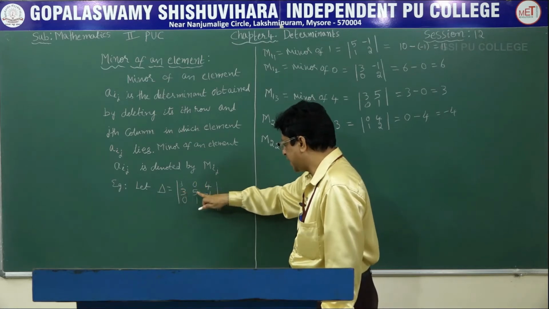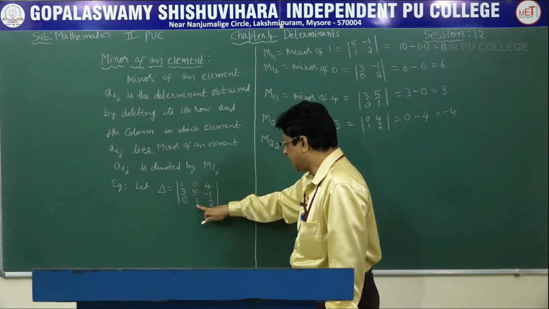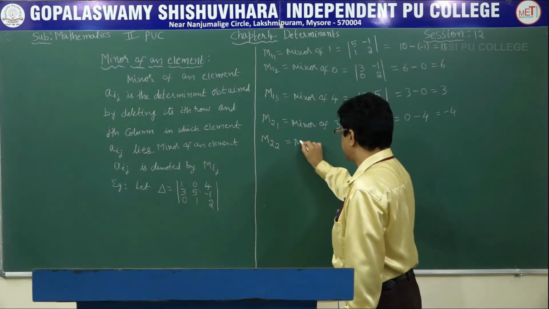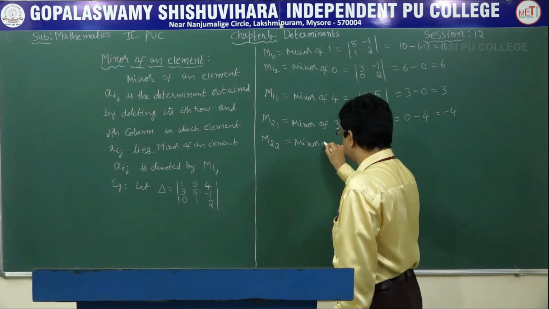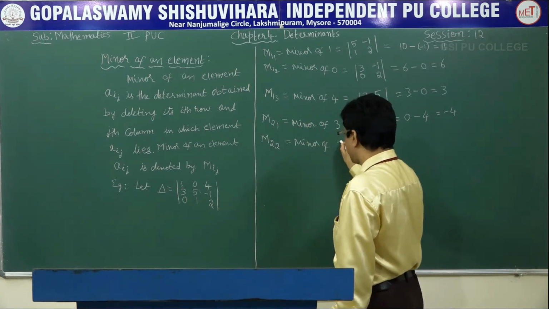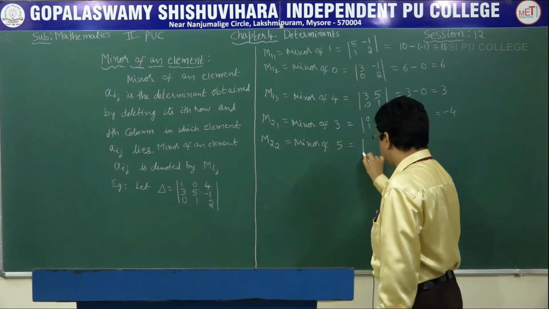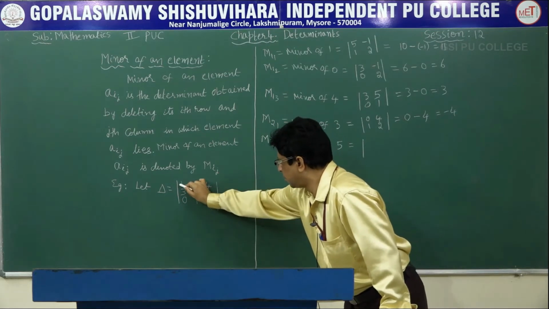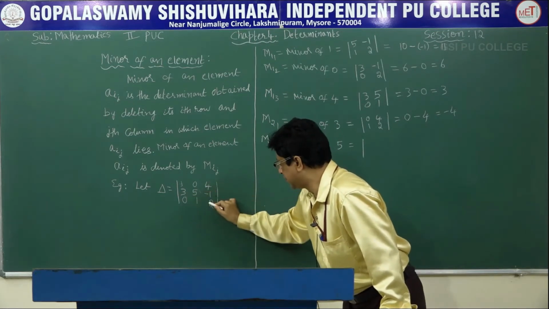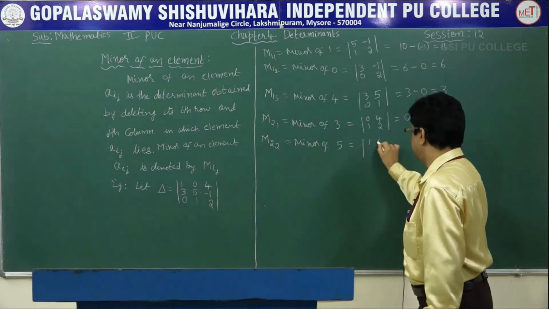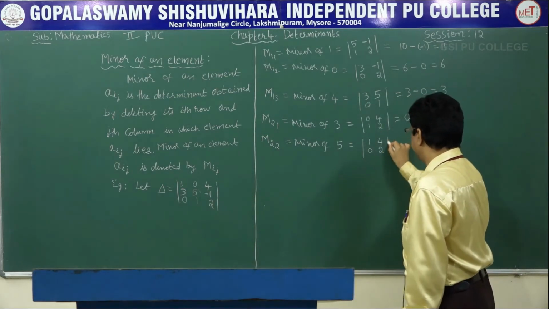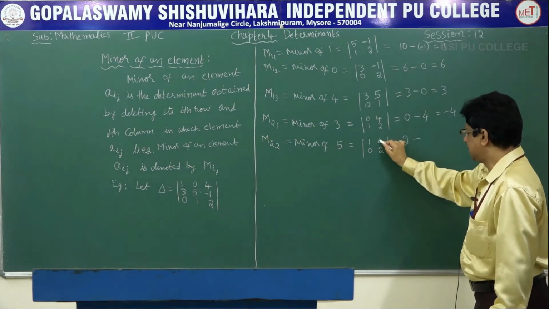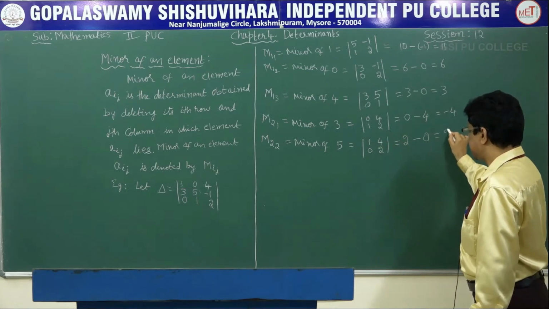So we eliminate the second row and second column and take the determinant of the remaining elements, that is minor of 5 is equal to determinant of 1, 4, 0, 2. That is equal to 1 into 2, 2 minus 4 into 0, 0, which is equal to 2.